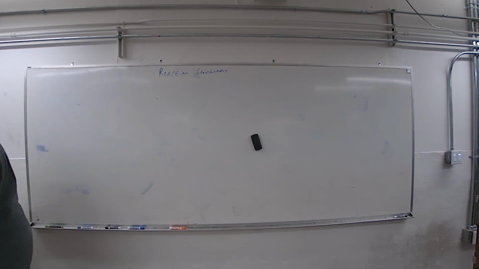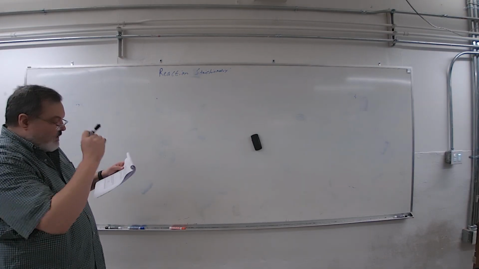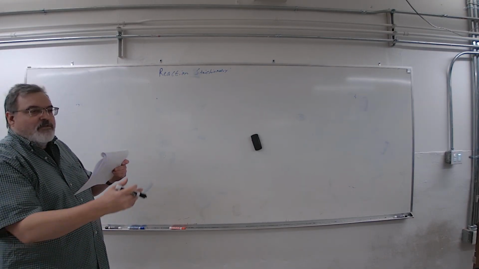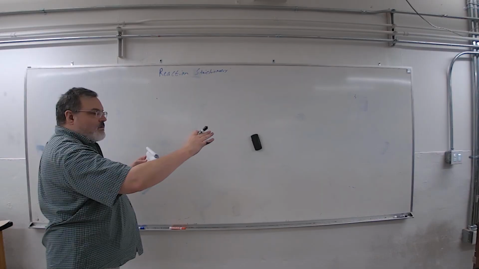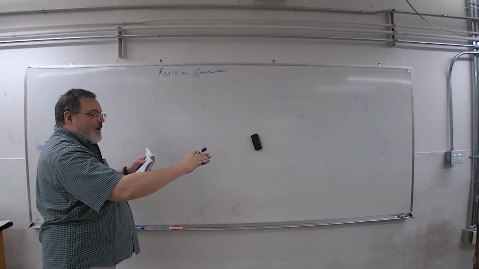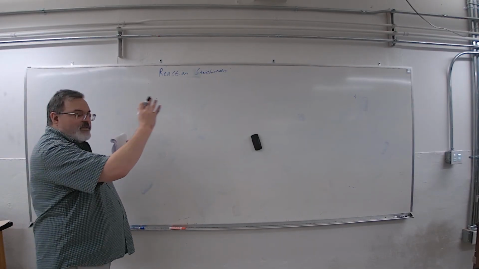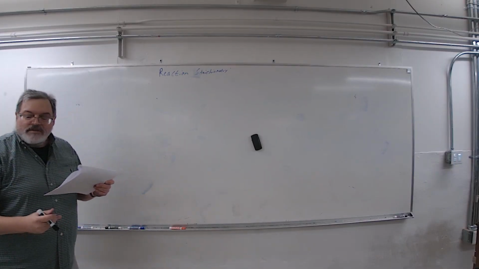But nothing really changes if you start talking about how much of this reactant to get this much product, or if I use this much reactant, how much of this product will I get? The calculation looks exactly the same.